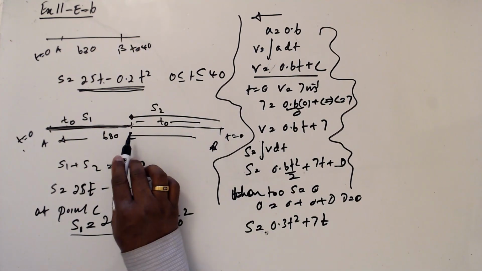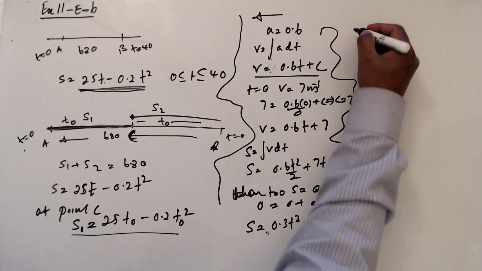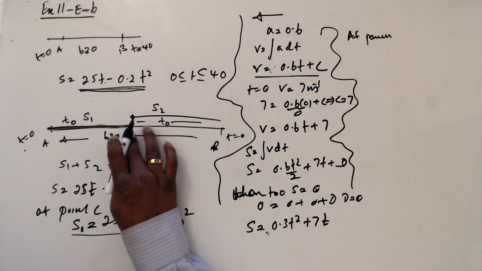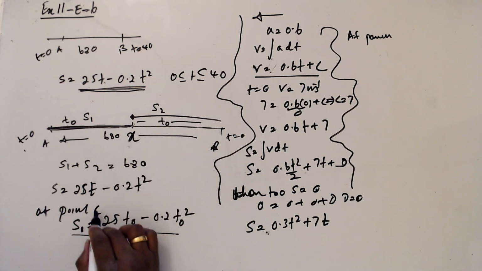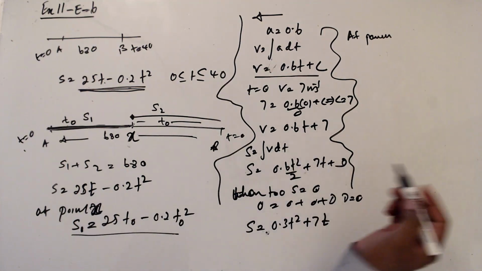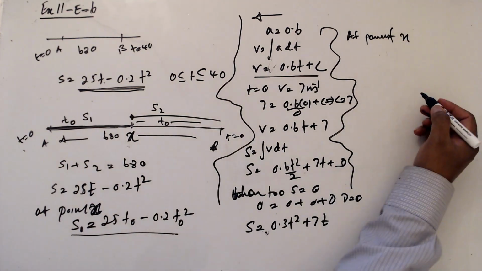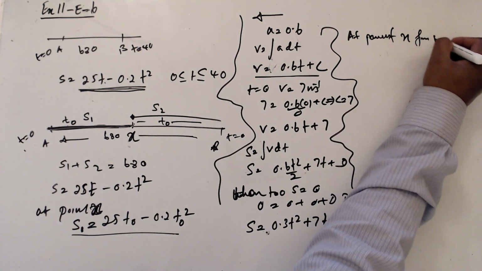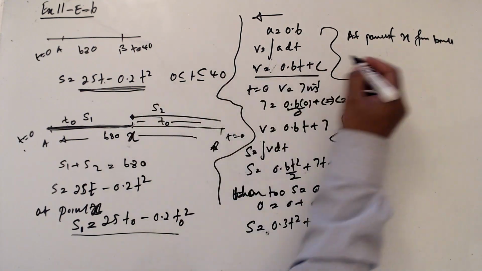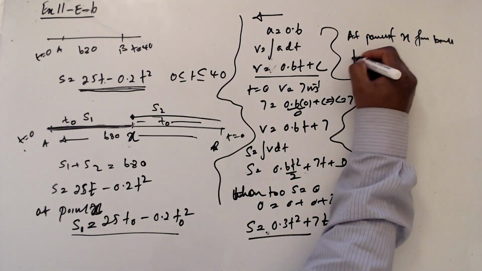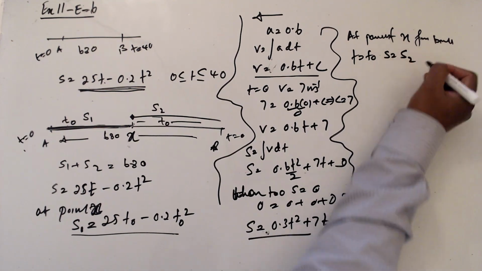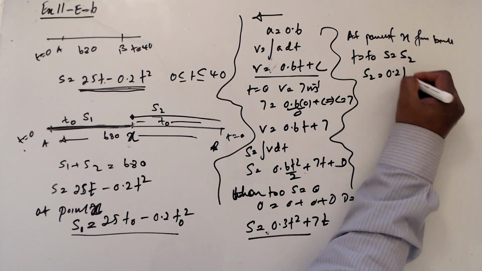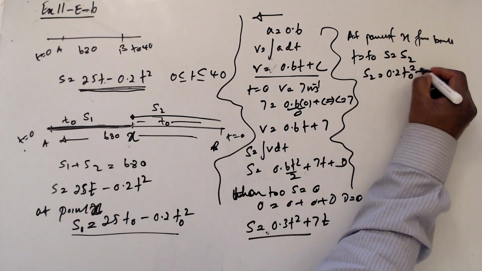Now at point C, actually let me take this as x, at point X, because C I'm using here. At point X, for the bird, the bird travels S2. So t equals t naught, s equals S2. So S2 equals 0.3 t naught square plus 7 t naught.